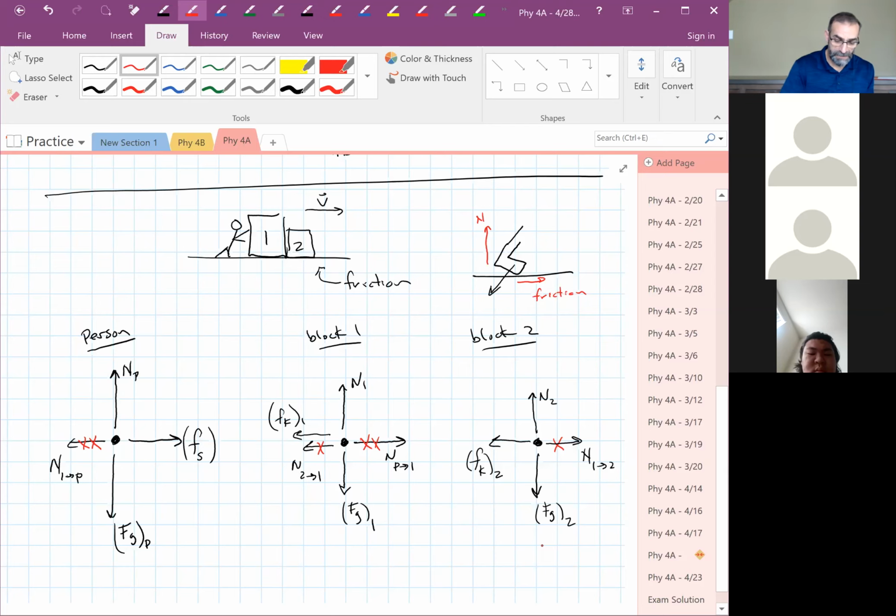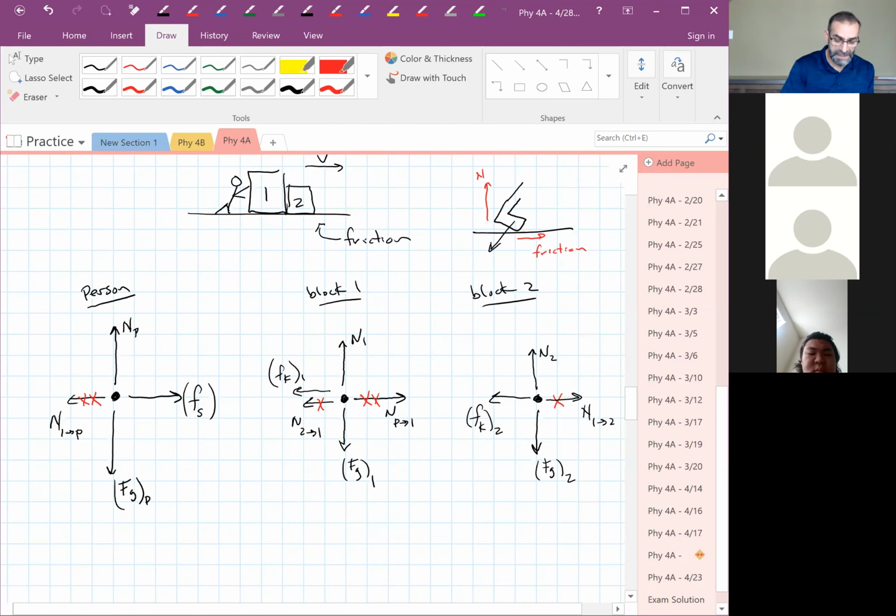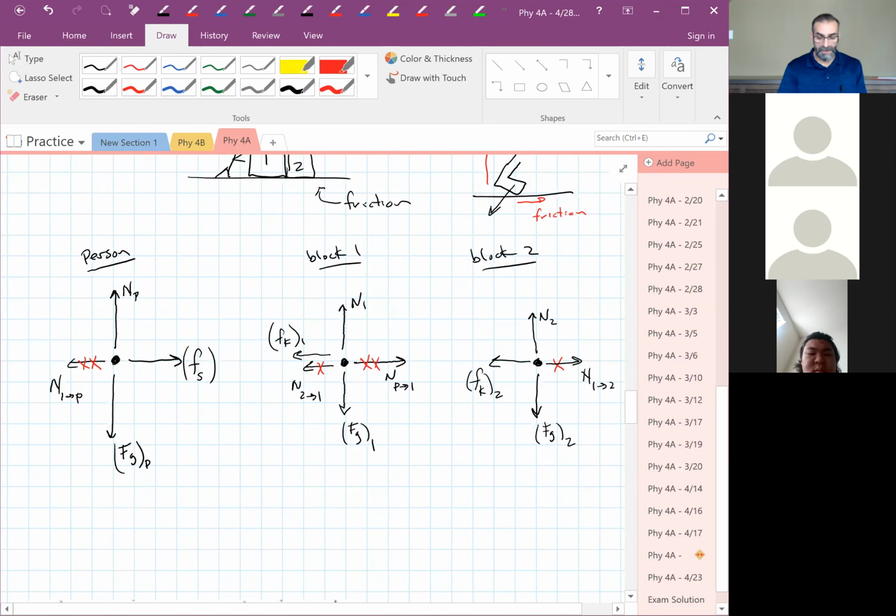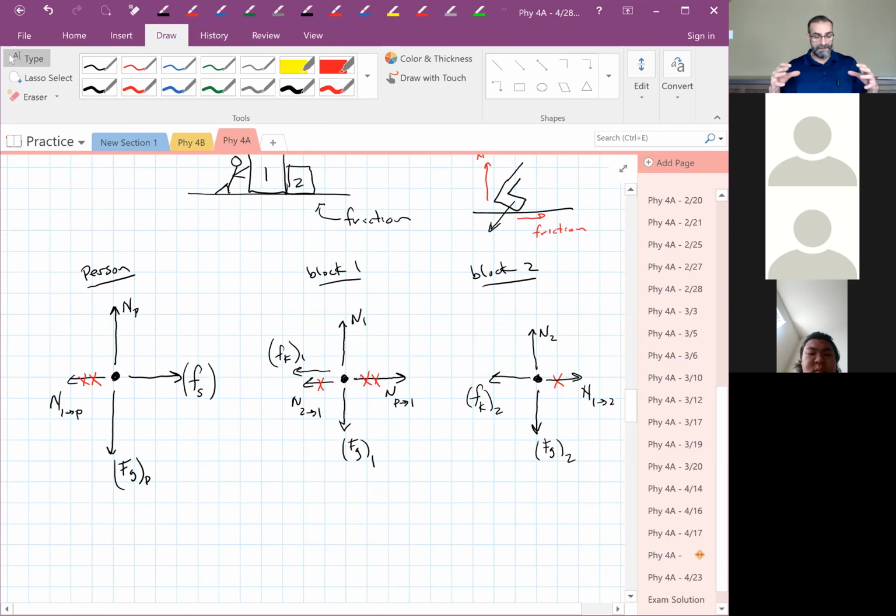Now, they're also internal to the system. So if you were to look at this thing as one big system, how is it moving across the floor? Those internal forces always cancel out, right? They don't help the boxes move. The boxes pushing on each other doesn't help anything.